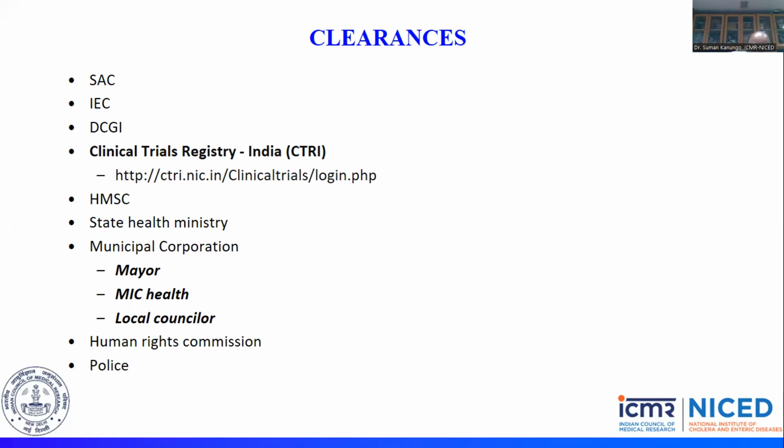If you get funding from an external agency, there is the Health Ministry screening committee. Sometimes you need to inform the state health department, though the clearance is not mandatory, and also the local municipal corporation, human rights bodies, and police, for retention as well as for preventing loss to follow-up.